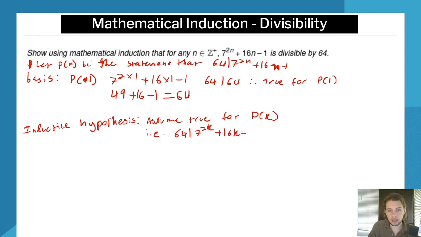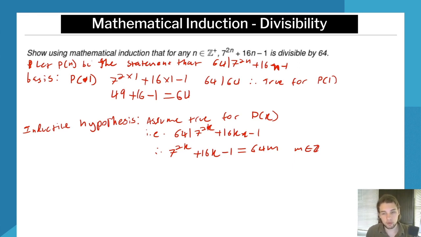We can write 7 to the power of 2k plus 16k minus 1 equal to 64m, where m is any integer. This is basically the same statement, saying that 64 is a factor of this, which is the same as saying 64 divides this. So based on this, we can finally do our inductive step.